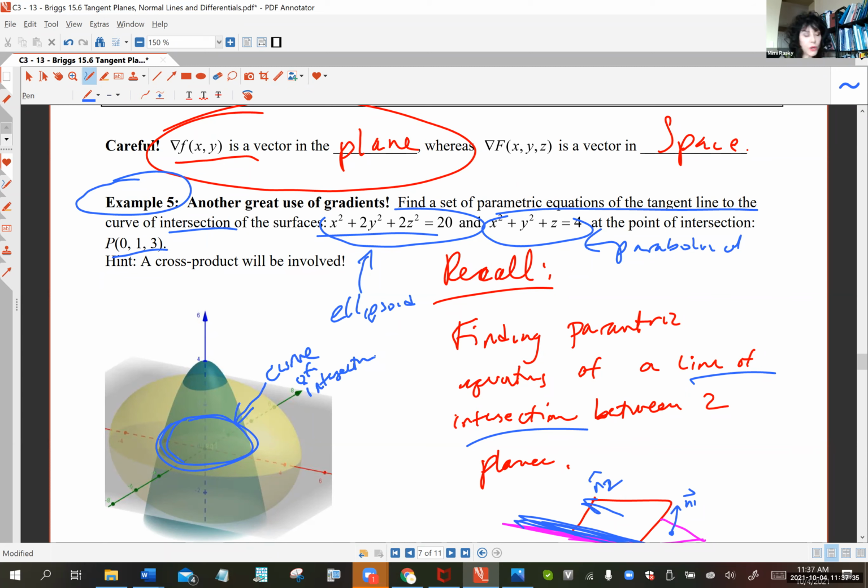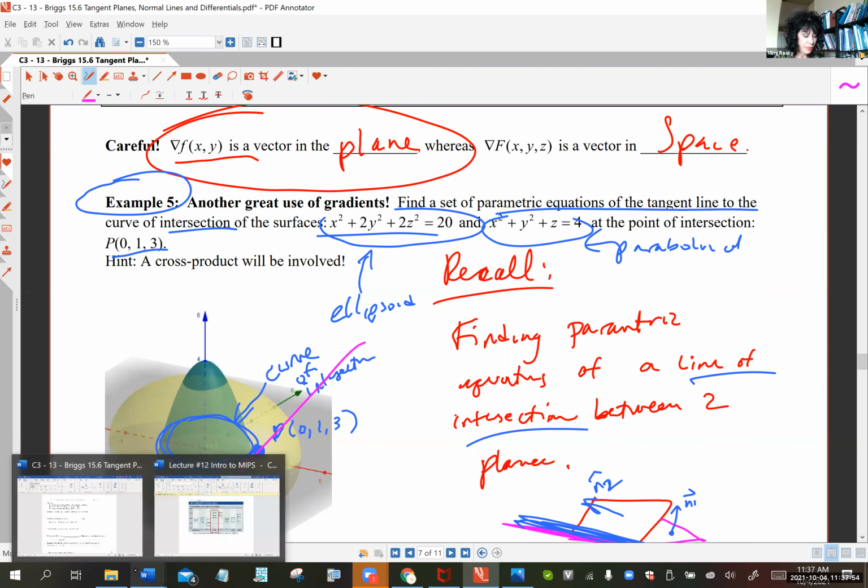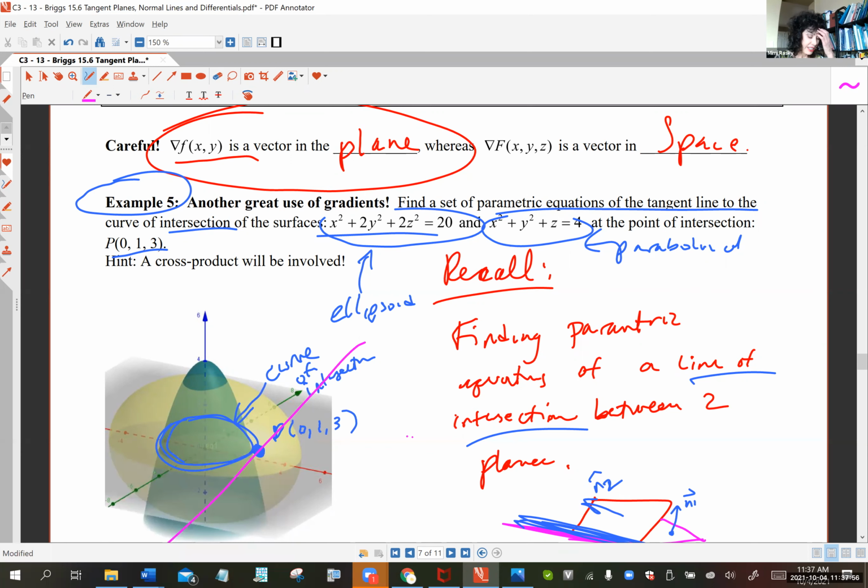And we're not trying to find the equation of the curve of intersection. I don't care about that. They're giving us a point that lives on the curve of intersection. It's right there. There's the point P with coordinates 0, 1, 3. And if I draw a tangent line to that point, there it is. There's the pink line that's a tangent line to that curve of intersection.